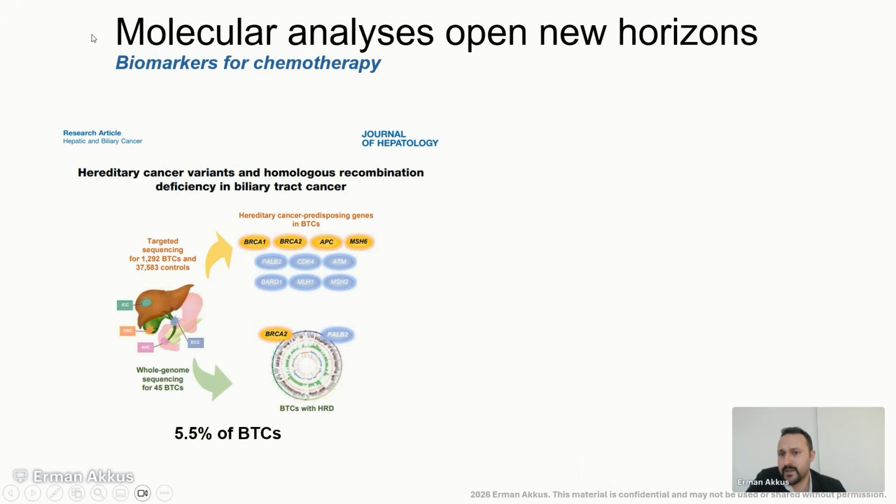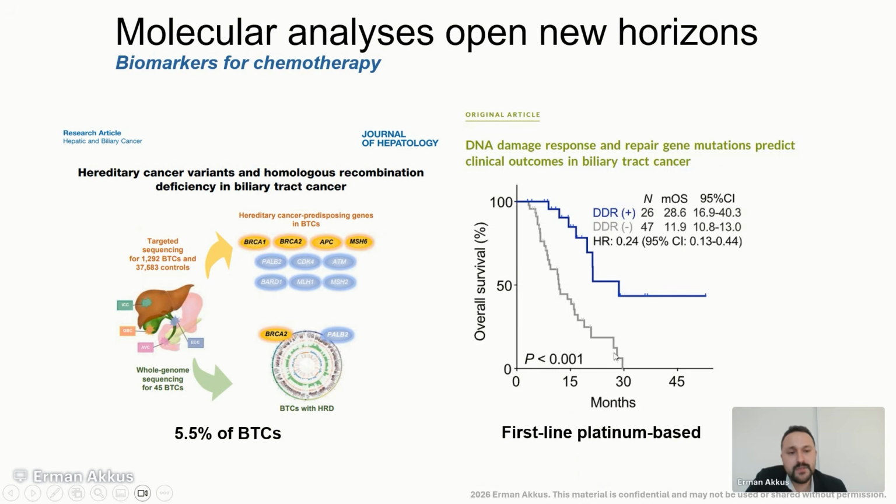On the other hand, 5% of BTCs have mutations in hereditary cancer variants and homologous recombination deficiencies. As in ovarian cancer, tumors with this deficiency have sensitivity to platinum-based chemotherapy, so this can be a biomarker even for chemotherapy.